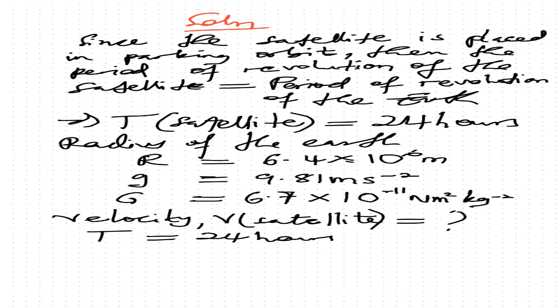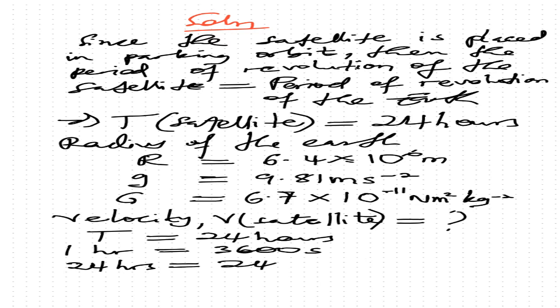T is 24 hours. 1 hour is equal to 3,600 seconds. So 24 hours will be 24 times 3,600.